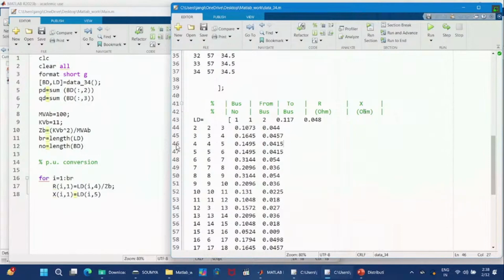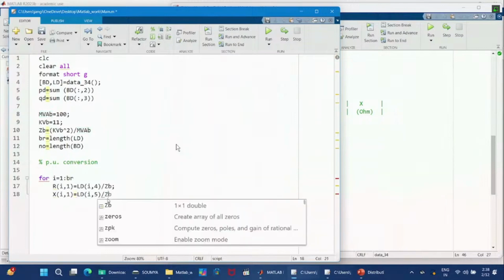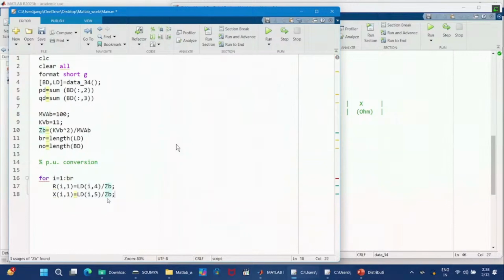So for per unit conversion, what we have to do? Actual by base. The actual value is given, and the base value we calculated on line number 10. So that's supposed to be Z base. It's okay.